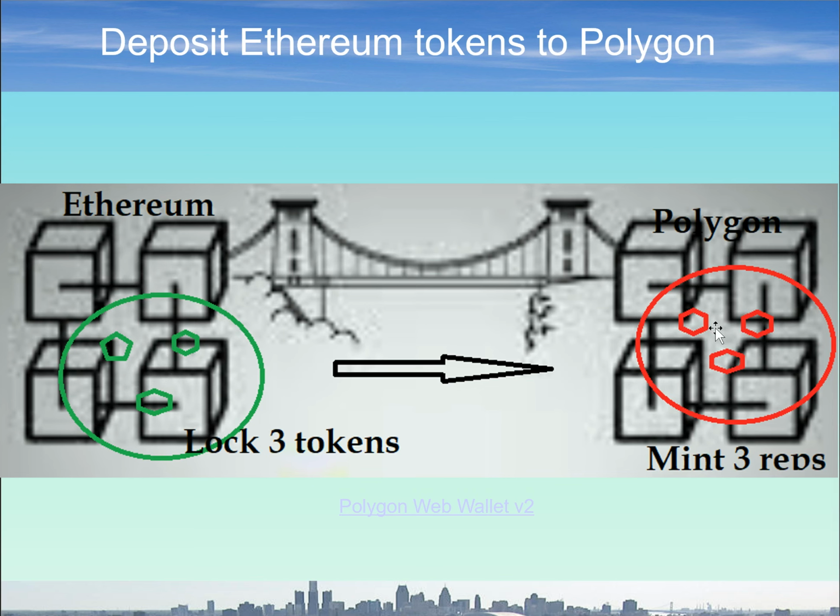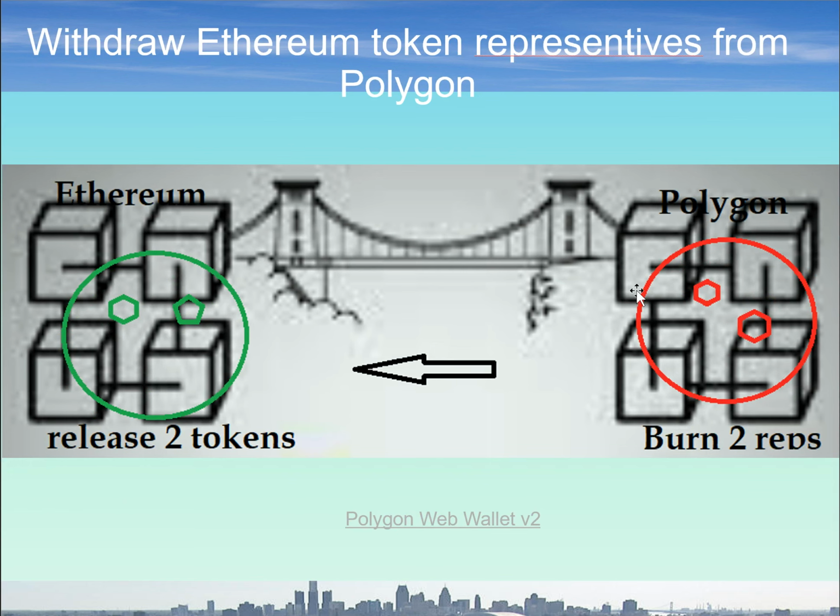And moving the token back from Polygon to Ethereum is just the opposite. Okay, what we are going to do is burn. Let's say I'm going to withdraw 2 tokens. So again, it's a simulation because the tokens are always sitting here.